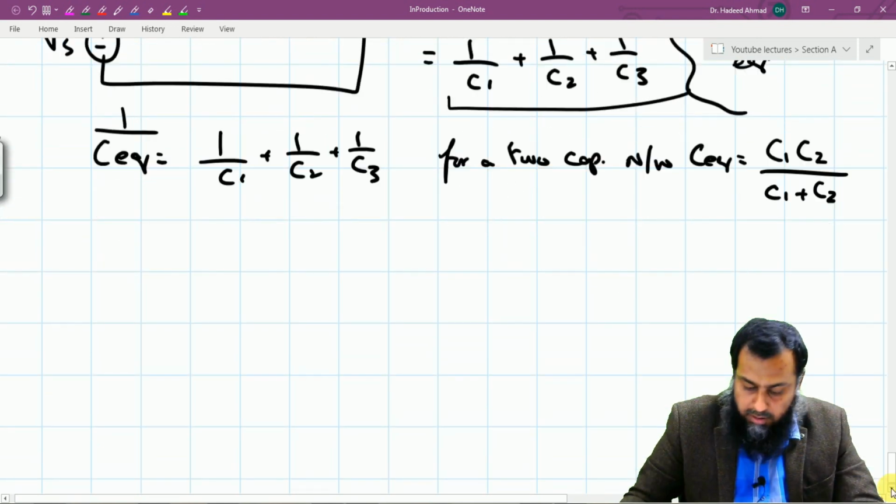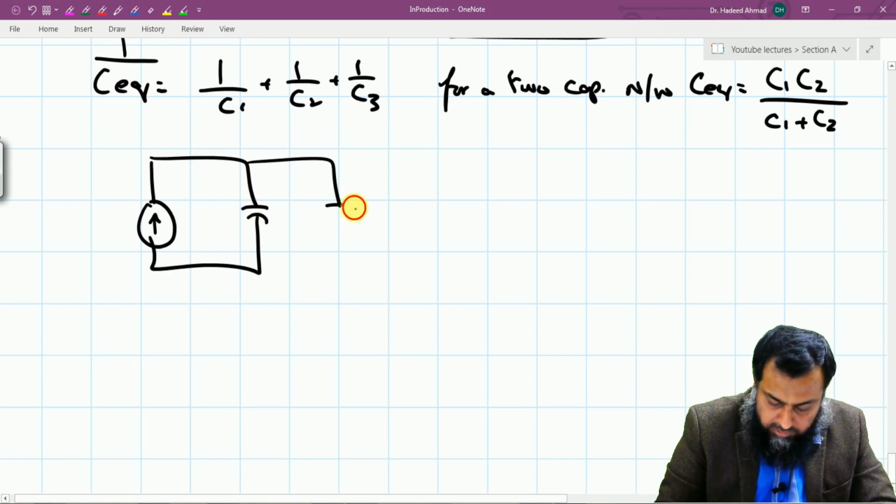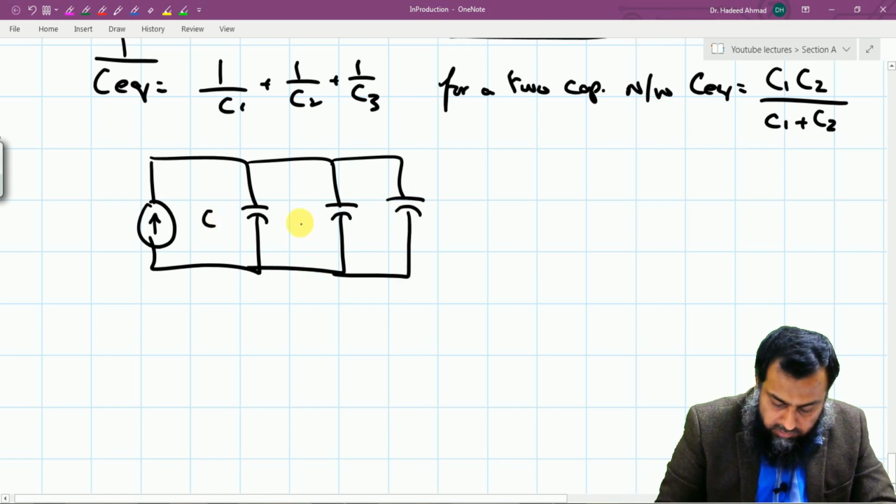If they are connected in parallel, for example, we have these capacitances here. So let us say we have three capacitances here. This is C1, this is C2, and this is C3. And if this is IS, then we have this is IC1, this is IC2, and this is IC3.